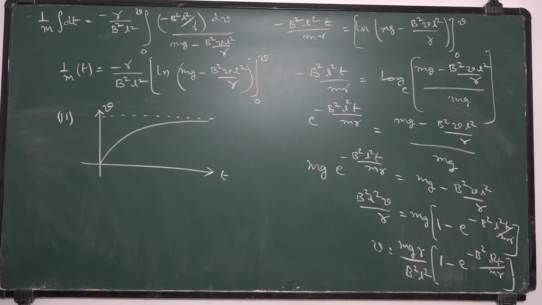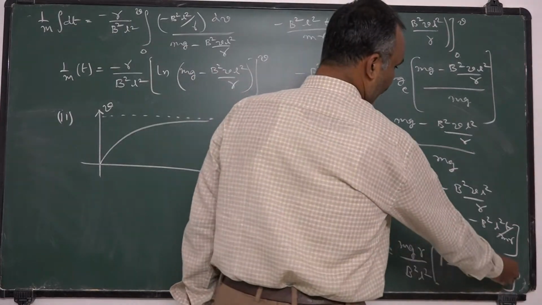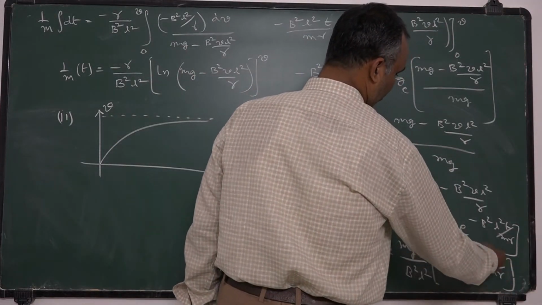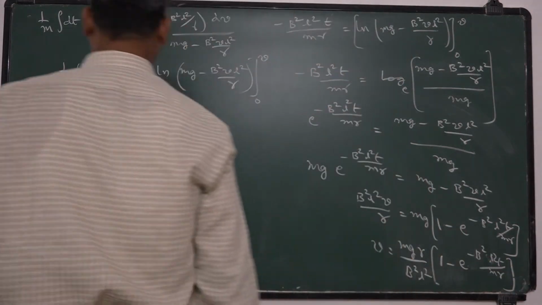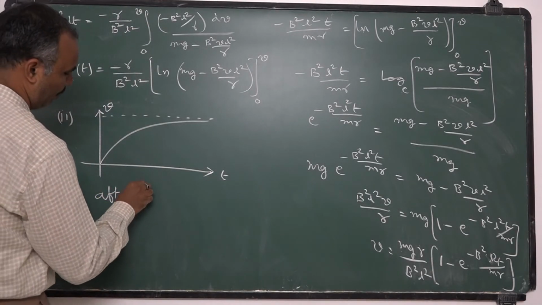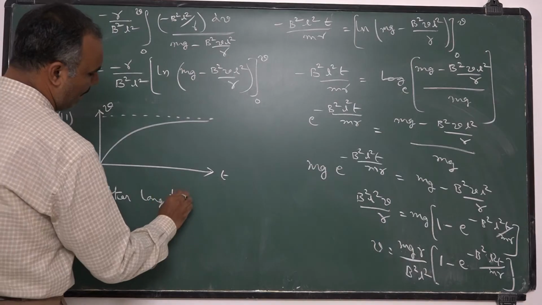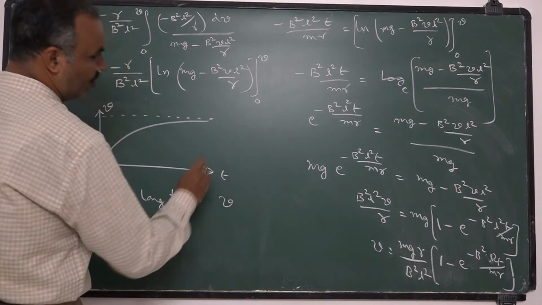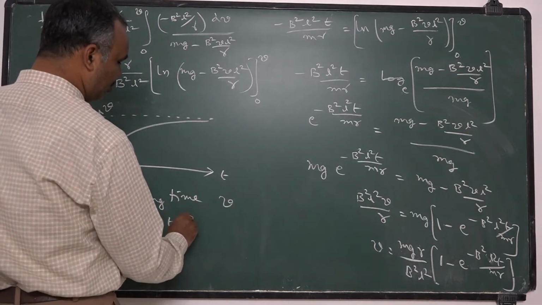If it wants to move with a constant speed, after a long time, when t becomes infinity, this becomes 0. The velocity becomes, after a long time, which means t tends to infinity.